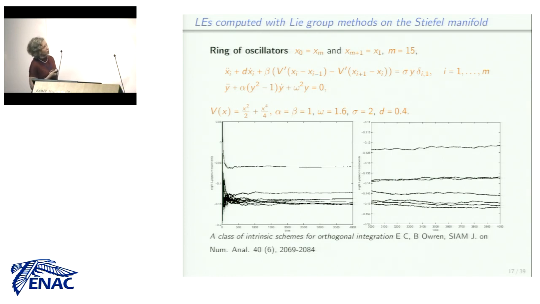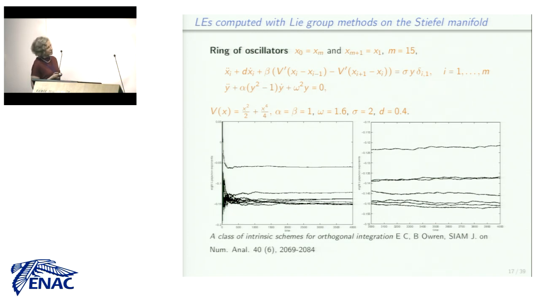What this shows is that, in fact, the method computes the first 8 Lyapunov exponents in an appropriate way. It's similar to results in the literature, and it is quite efficient because you can work just with n by p matrices.